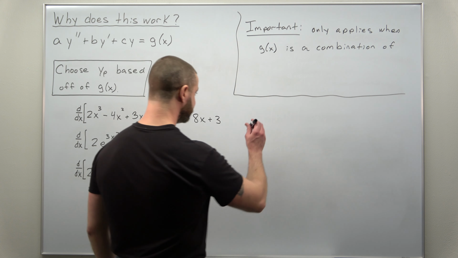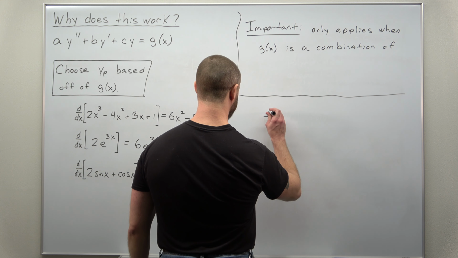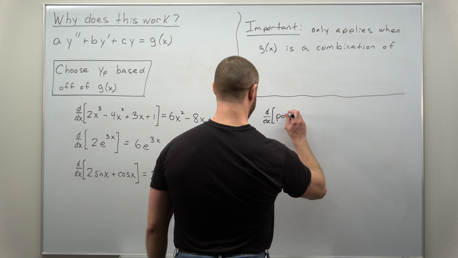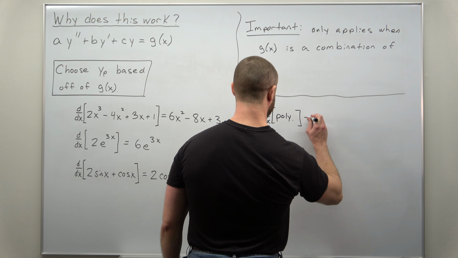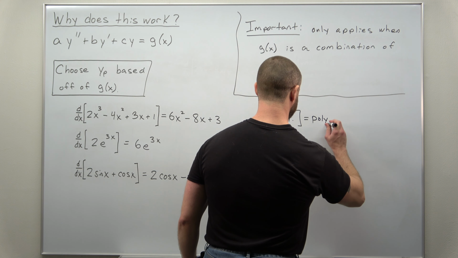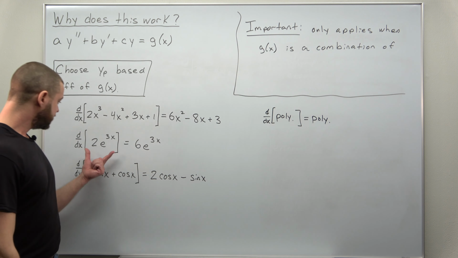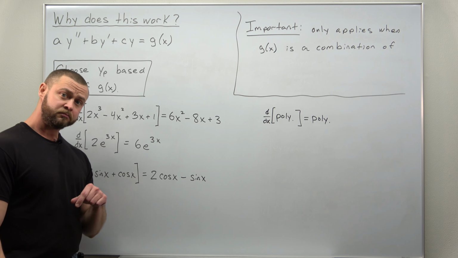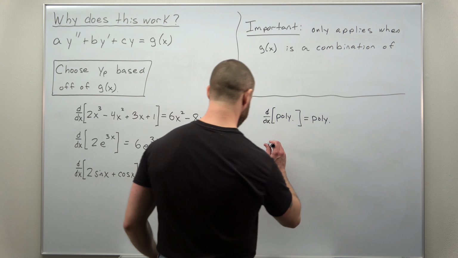Now, if we, again, step back, we might be able to see that we can write generalized versions of these. The first one, we might write it as the derivative of a polynomial is another polynomial. Second example, the derivative of an exponential function is another exponential function.